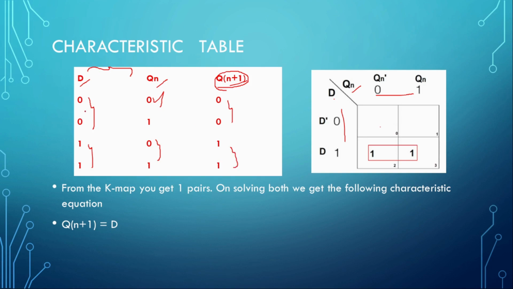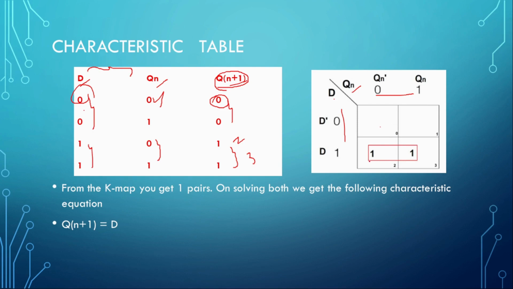Whatever the input you give as D, you will get an output similar to the input. If you give 0, the output will be 0. If you give 1, it means 1. So here you will have 1 in the last 2 values and it has to be placed in the second and third place in the K map.